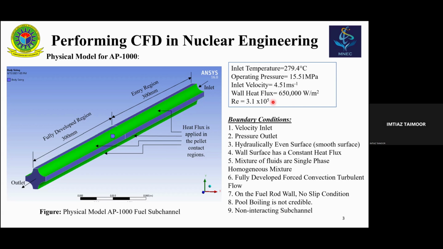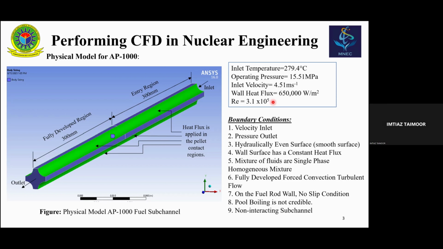So Reynolds number is the parameter which will decide whether our flow is laminar or turbulent. So it is very important that at the very outset we calculate the Reynolds number so that we can proceed accurately. In our case, Reynolds number is very high. So in our case, the flow is turbulent flow.